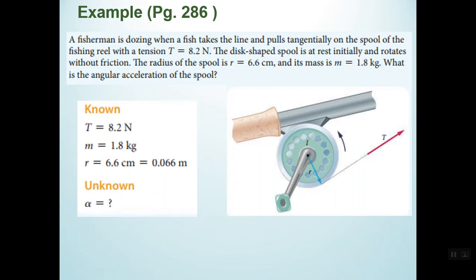From this example, we know the magnitude of the force, or the tension, is equal to 8.2 Newton and the mass is equal to 1.8 kilogram. The radius r equals 6.6 centimeter and we need to convert it to meter, which is equal to 0.066 meter, and we need to calculate the angular acceleration alpha.